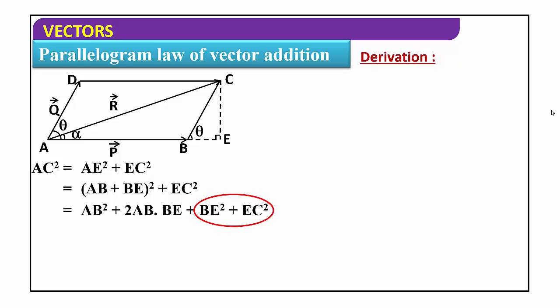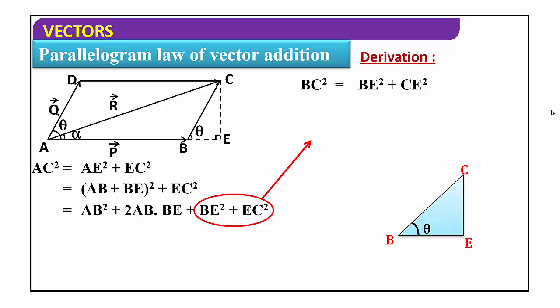Then, observe this point BE square plus EC square. Here, we can consider the triangle BCE. From the triangle BCE, we can apply Pythagoras theorem. So here we can write BC square equal to BE square plus CE square, right?